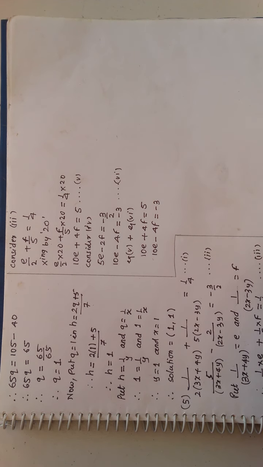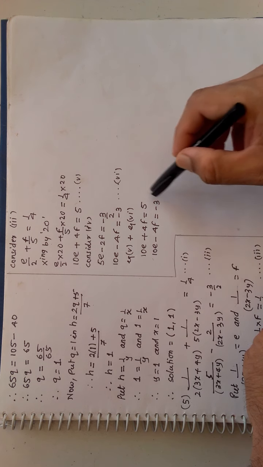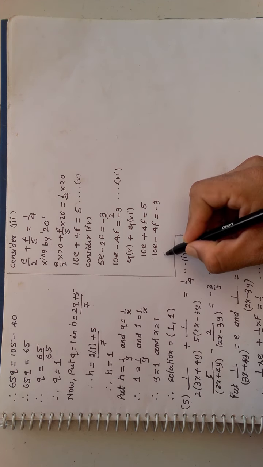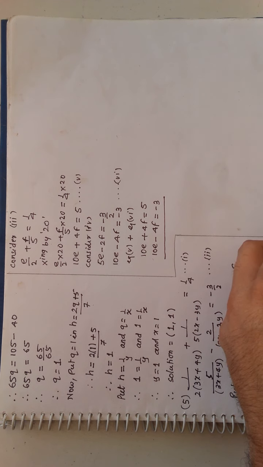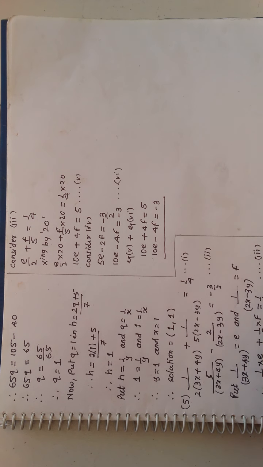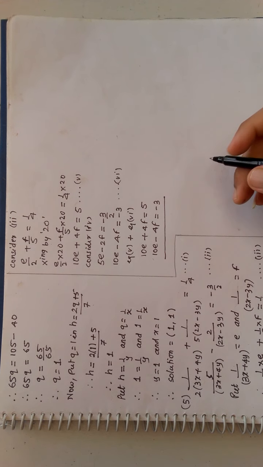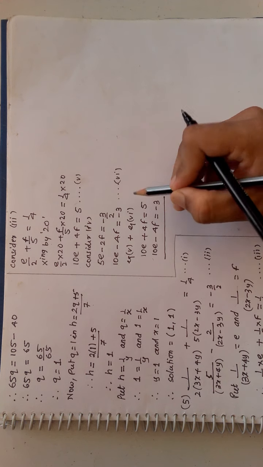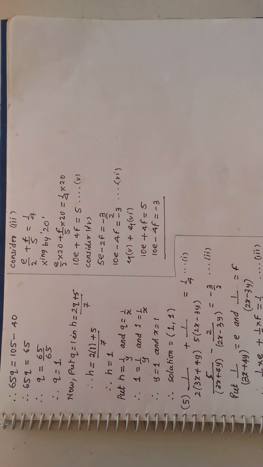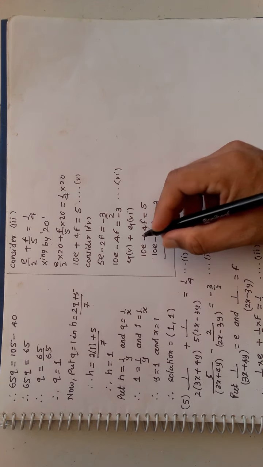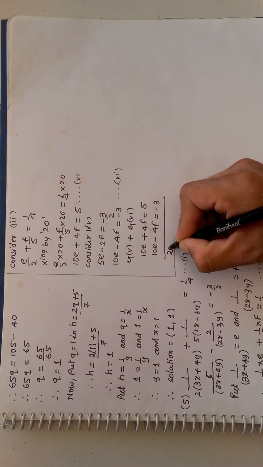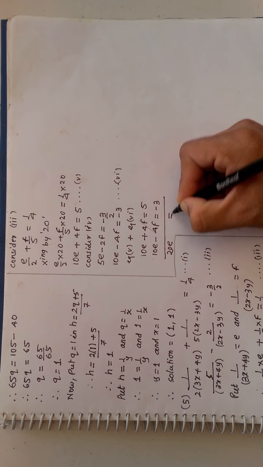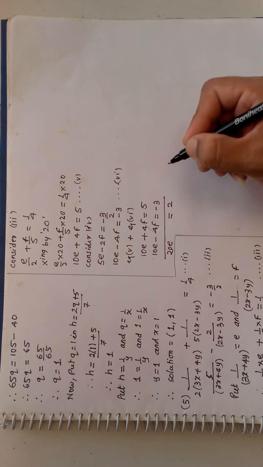And as I have told you, line 1, line 2, line 3 blank and the fourth line will be drawing. Now since you are adding, there is no change anywhere. So 4f and minus 4f will become 0. 10e plus 10e will become 20e is equal to 5 minus 3, that is 2.